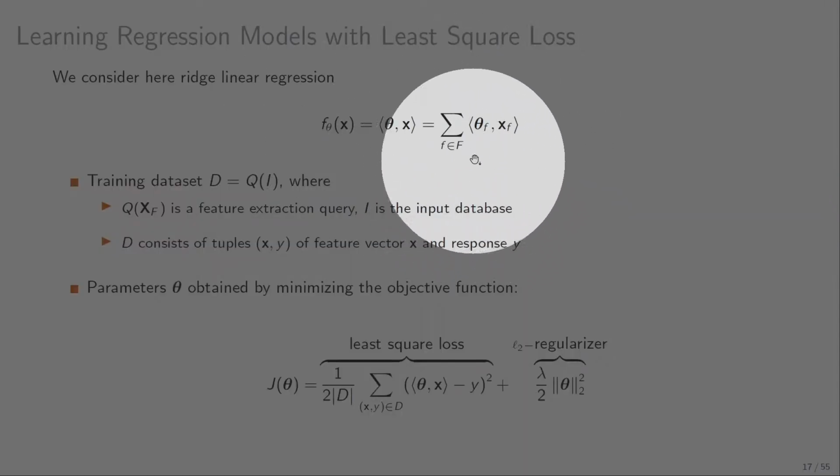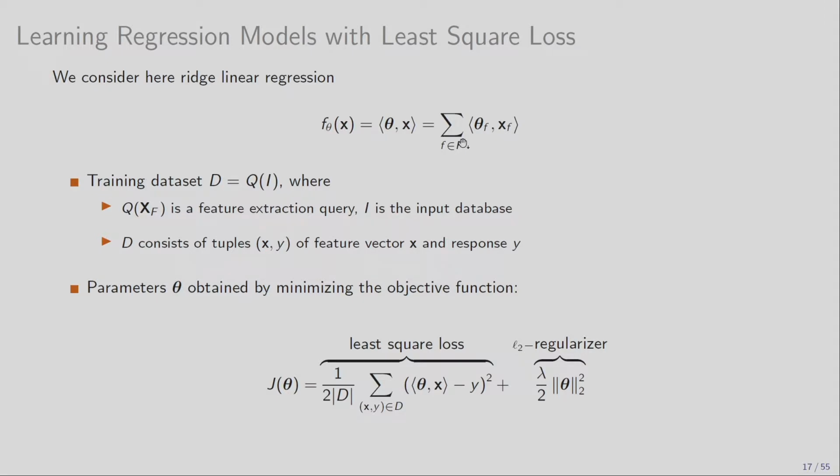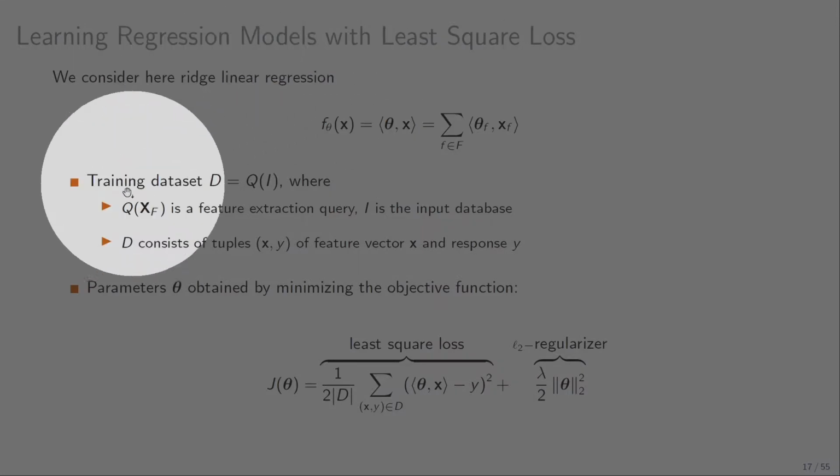I assume that F, the big F, represents the set of free variables in the query that defines the training data set. So we have this database I, we have the query Q, we apply the query over the data set, and we get back a training data set D, and in D we have features represented by columns, and we have F of them.